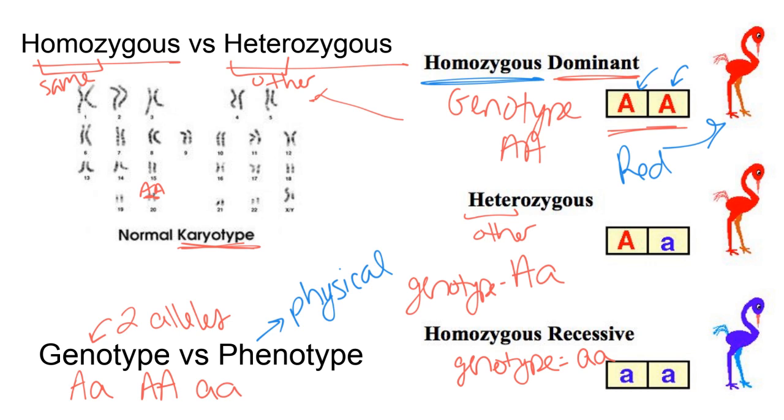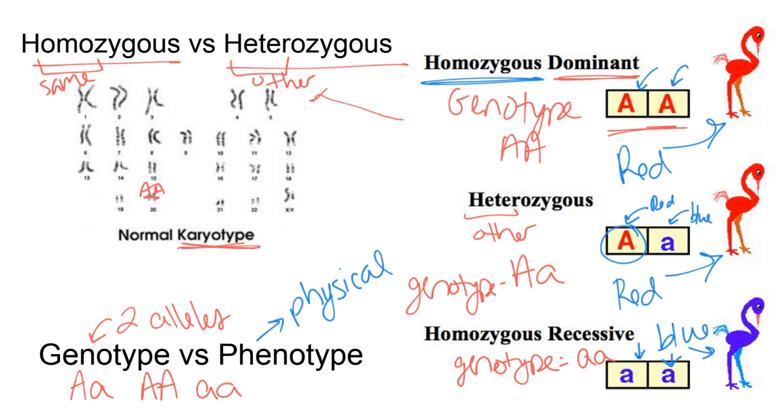In the heterozygous, it's got one allele for red, but it has one allele for blue. However, the phenotype of the bird is red because red is dominant, and so red is masking that blue color. We'll talk later about what it looks like if it doesn't fully mask it. The phenotype for this final bird here is going to be blue because it has two recessives.